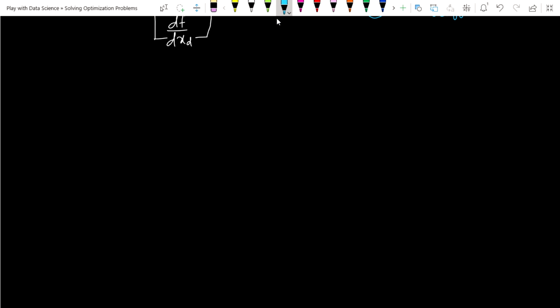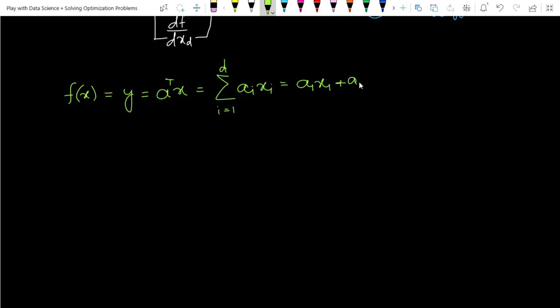Now let's write these equations again. Our f of x equals y, x transpose a, which is the summation over i equals 1 to d of ai xi. This means a1 x1 plus a2 x2 plus up to ad xd. Yes, we are using d dimensions.